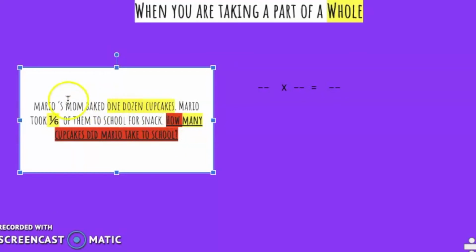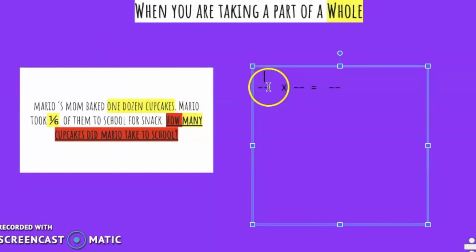So I know that Mario's mom baked 1 dozen cupcakes. So what makes a dozen? Well, I know that a dozen is composed of 12. And in this case, we have 12 cupcakes. And I know that out of this whole, or out of these 12 cupcakes, Mario took 1/6 of them to school so he can eat it as a snack.